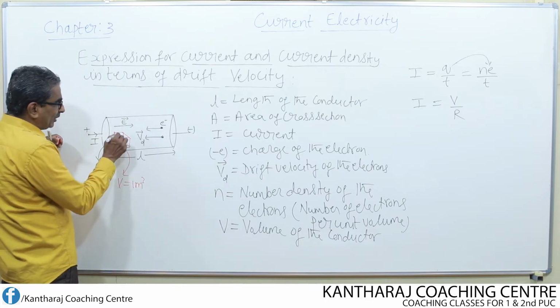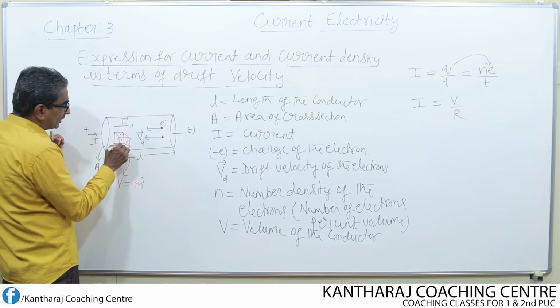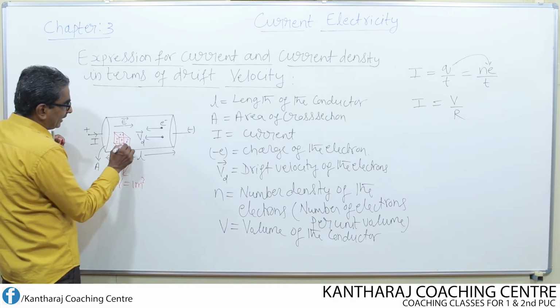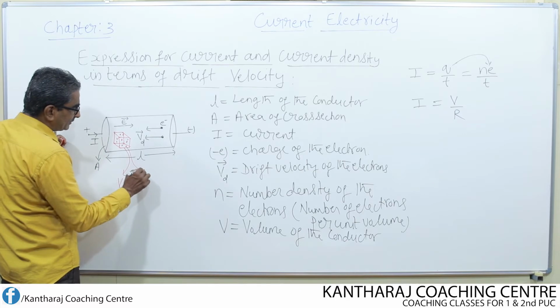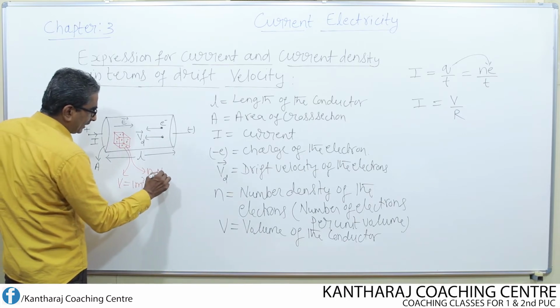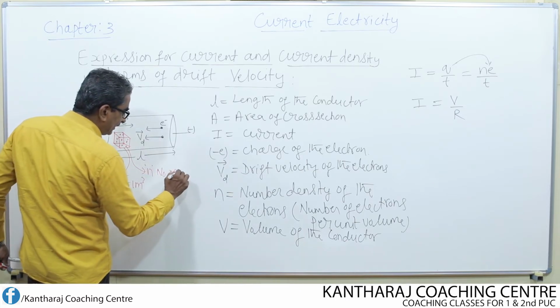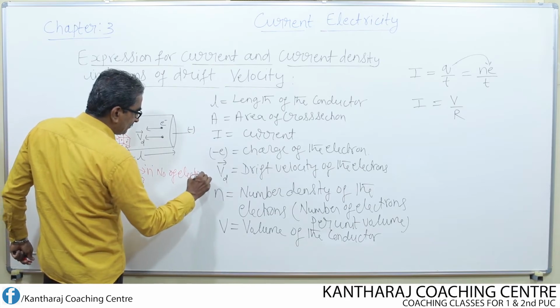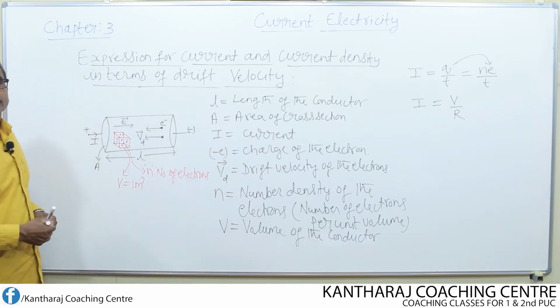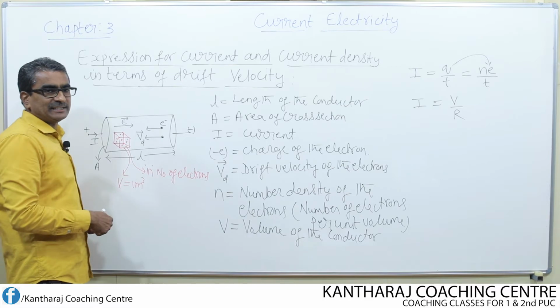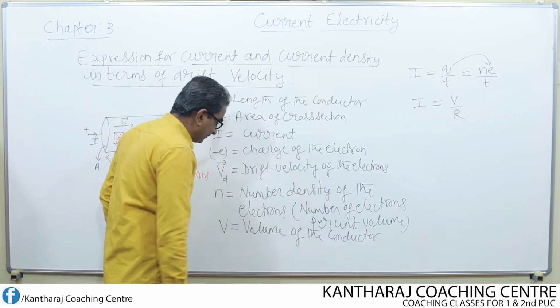Then in this unit volume, how many electrons are contained? n number of electrons are present. So this is the number of electrons contained in this unit volume. That's what we have written.